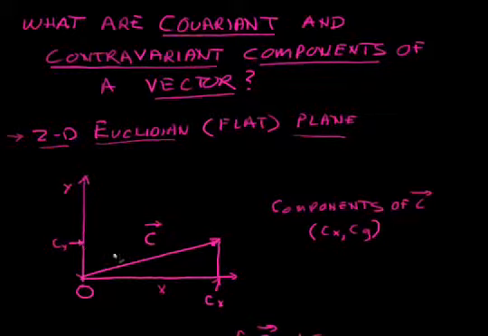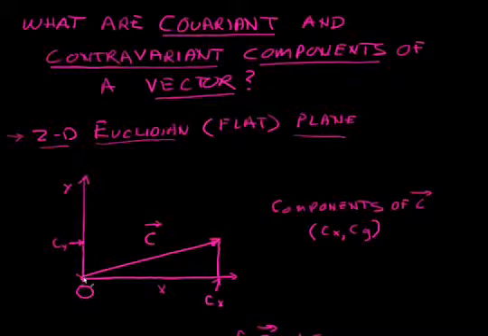The idea is that you have some real physical object represented by this vector c, and the coordinate system is just a way of labeling the endpoints of the vector and giving you a quantitative description of it.